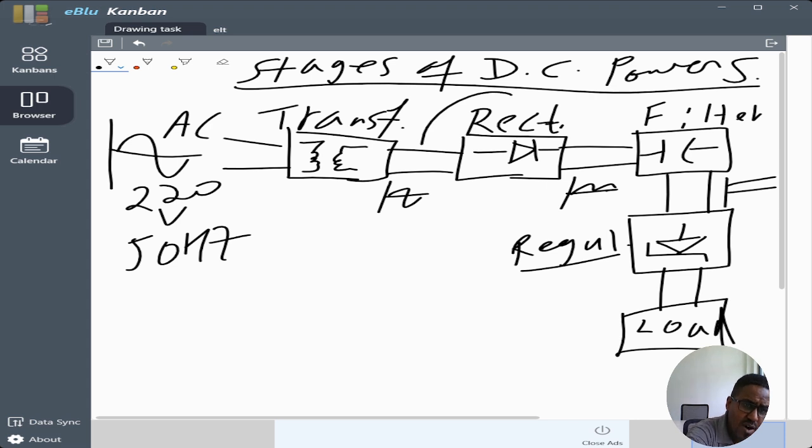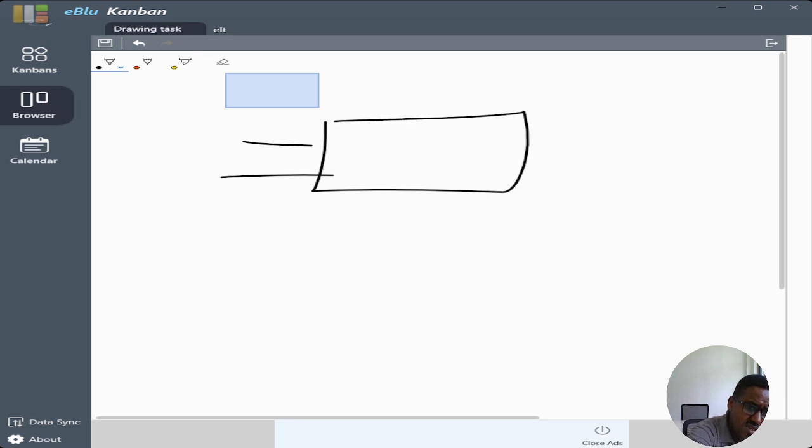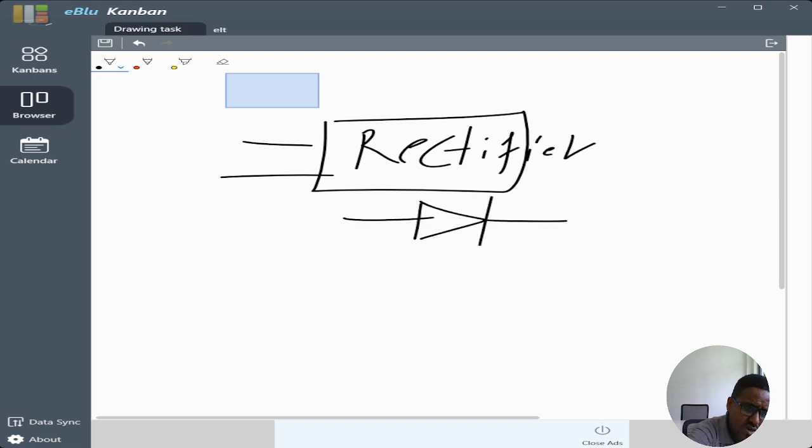Now let's see about the rectifier. Rectifier means the conversion of AC to DC. Our diode, as you know, has an anode and a cathode side.